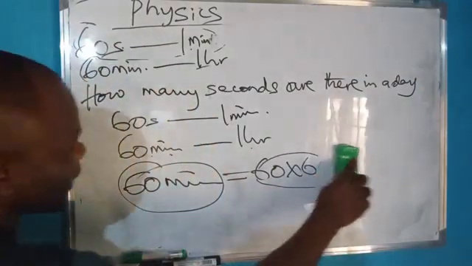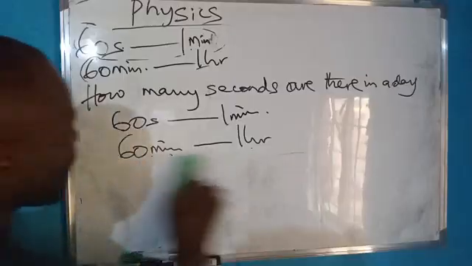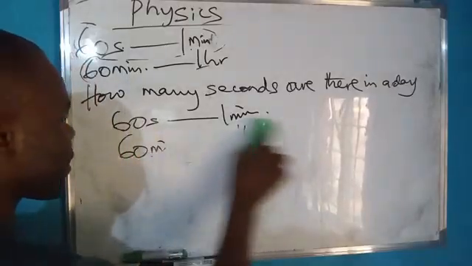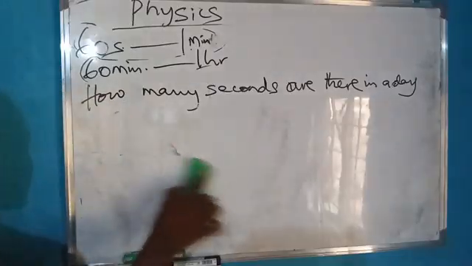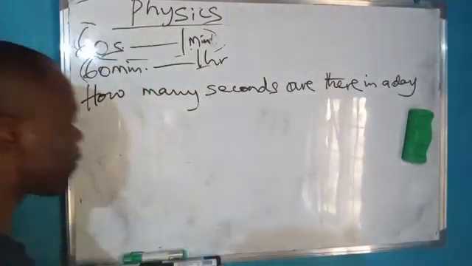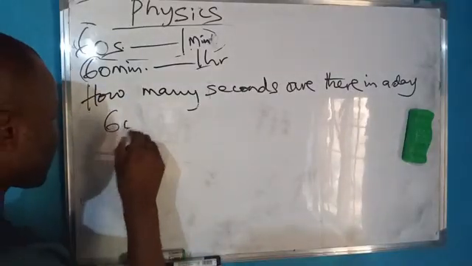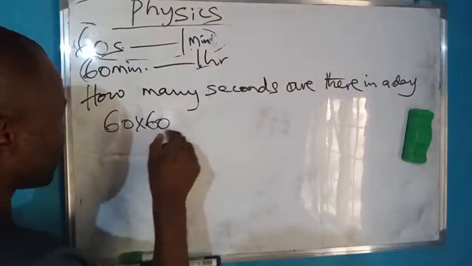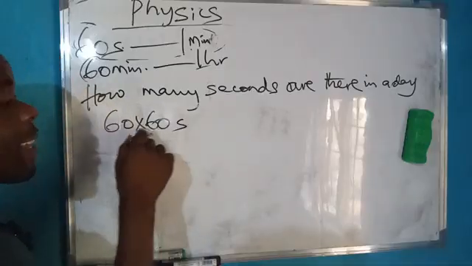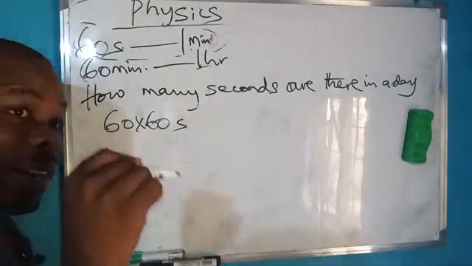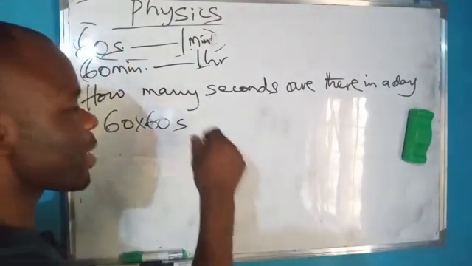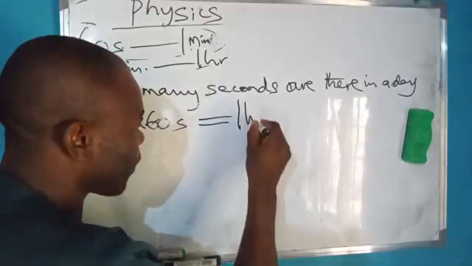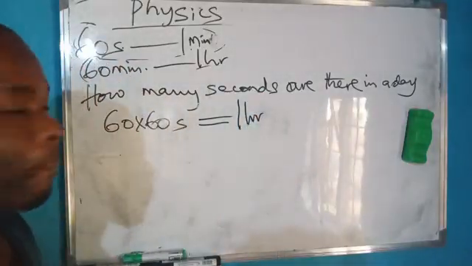All right, okay. Now, having seen this, we have that 60 times 60 seconds is equal to 60 minutes. And 60 minutes gives us what? 1 hour. Is that clear now?